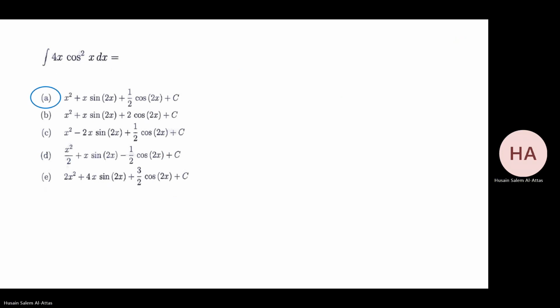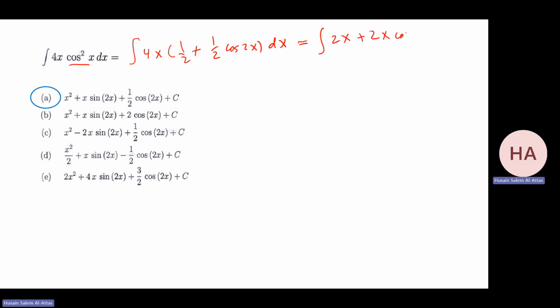For x cosine square, be careful here. To change cosine square into double angle, that will be half plus half cosine 2x dx. That gives me x plus x cosine 2x dx.